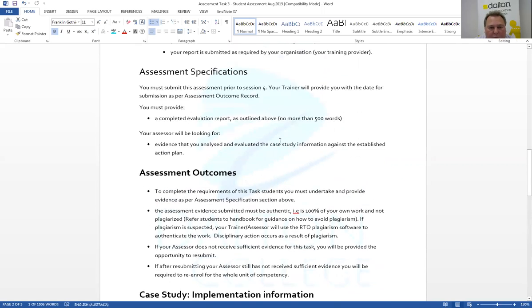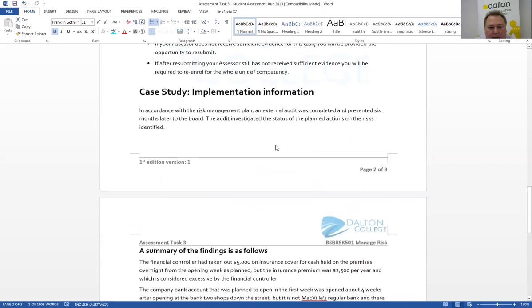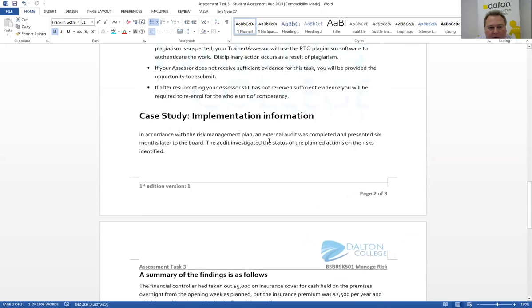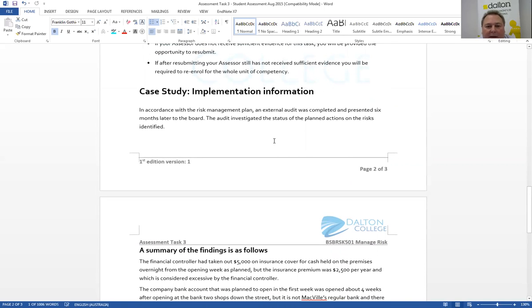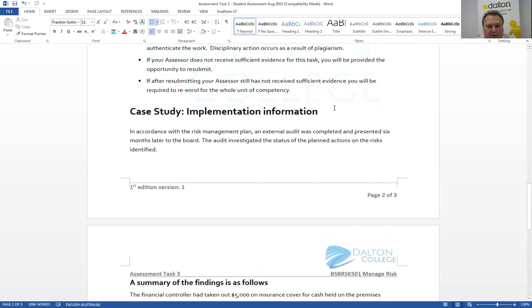Don't forget, when you're doing your implementation, the implementation I just showed you, you need to read this case study first. Okay, so this is the case study, the implementation information. So it's crucial to read these headings always, and subheadings.